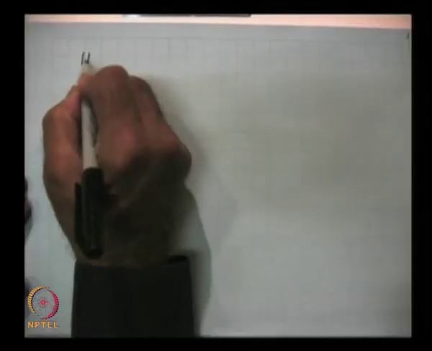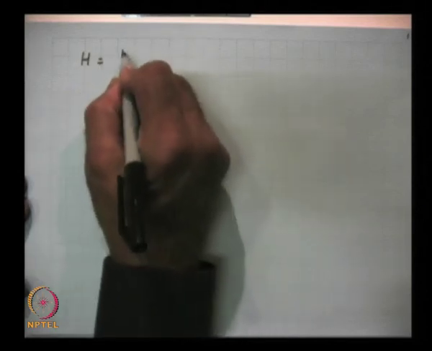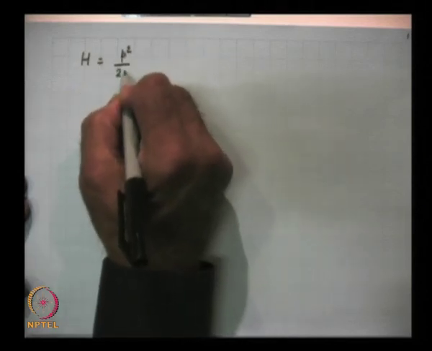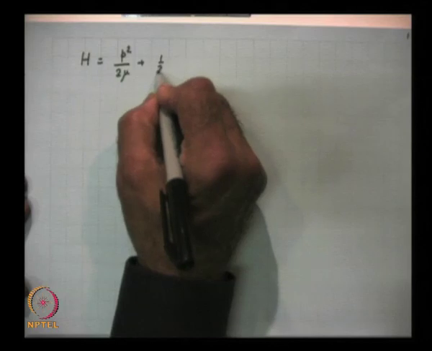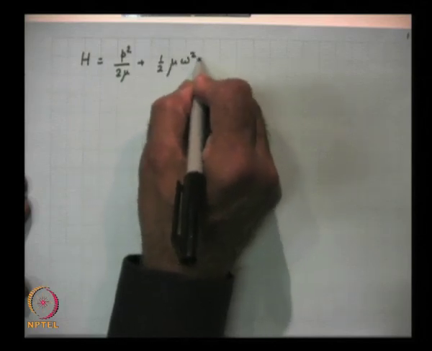In the previous lecture we had introduced the Bra and Ket algebra, the concept of linear vector spaces, and had solved the harmonic oscillator problem. For the harmonic oscillator, the Hamiltonian was given by p square by 2 mu plus half mu omega square x square.